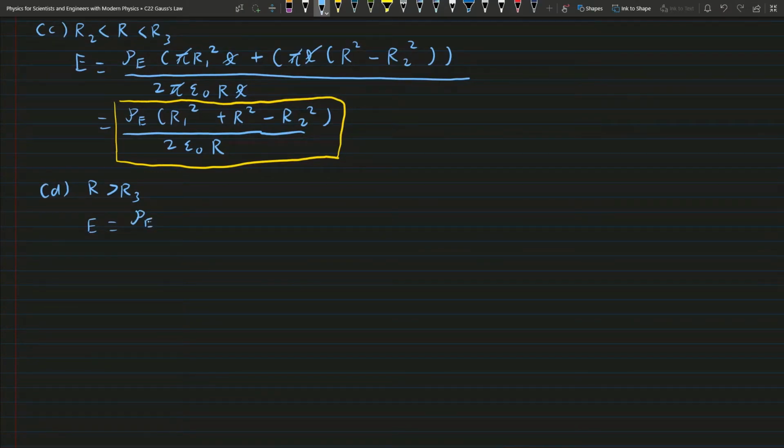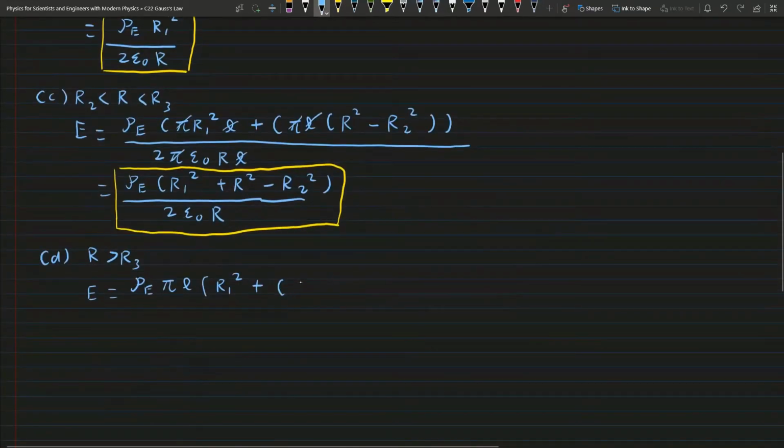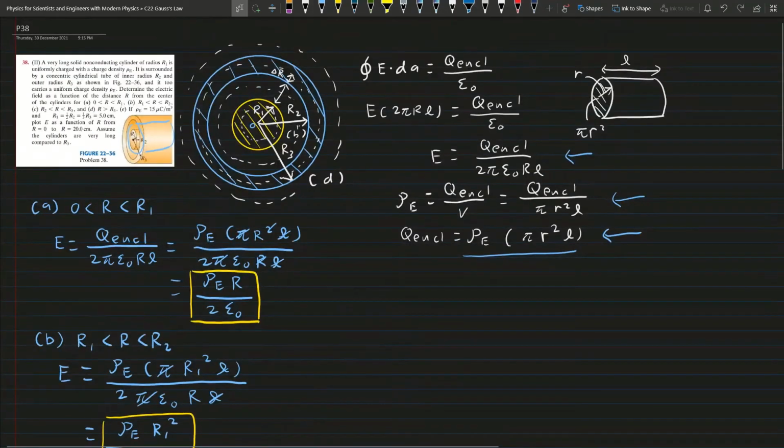The charge is given by rho E pi L, which I can take out because it is just constant, times R1 squared for the internal cylinder, plus the charge for the outer concentric cylindrical tube, which is given by R3 squared minus R2 squared, because only in this region do we have a charge.